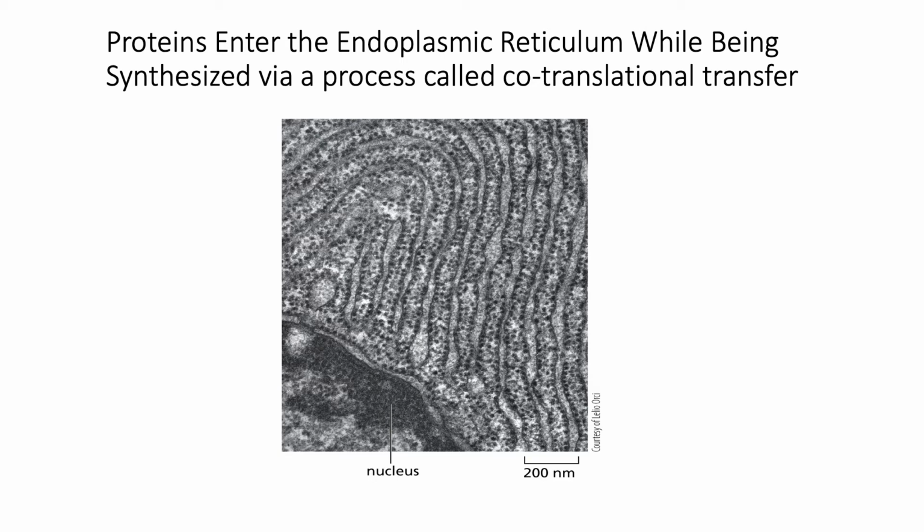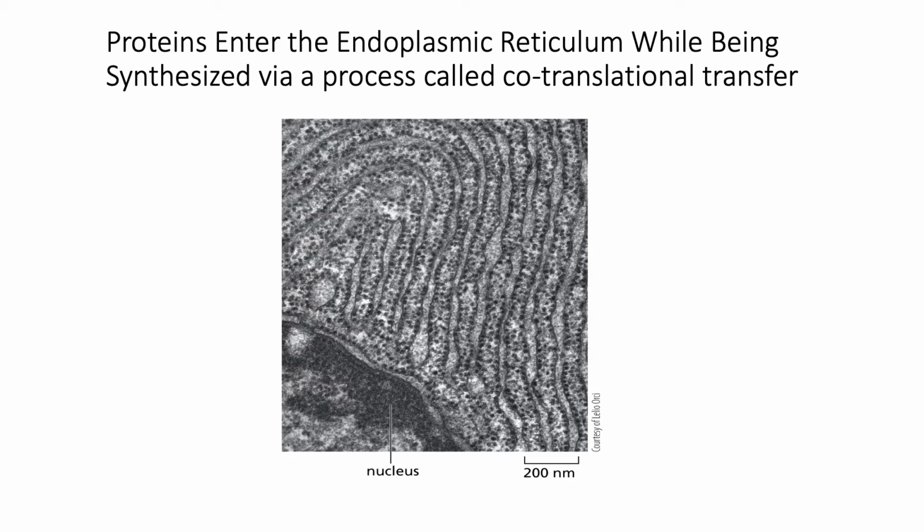So proteins are synthesized on the outside of the ER. The ER is a double membrane structure. So you have membrane on one side, membrane on the other side, like a tube, and on either side is the cytoplasm, and on the inside it's called the lumen. So the lumen of the ER.